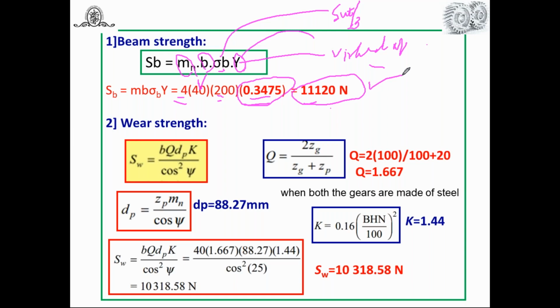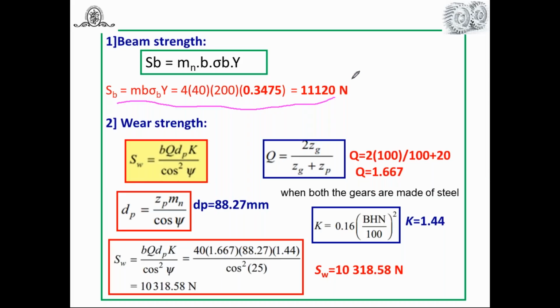You know very well, beam strength is nothing but the maximum magnitude of tangential force that a gear tooth can sustain without bending failure. That is the beam strength. That's why the unit is Newton, and it is PT max, the maximum tangential force that the tooth can sustain without bending failure, which is the beam strength of the helical gear.